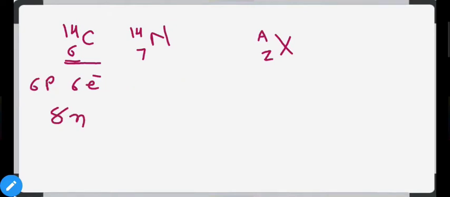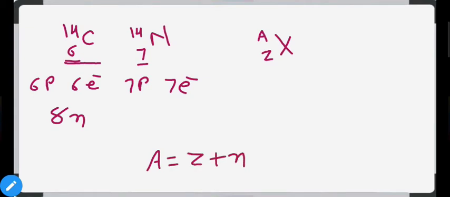So now let us calculate for nitrogen. As mentioned, nitrogen has Z equal to 7. So directly we can say that it contains 7 protons, and it is neutral, that's why it contains 7 electrons. Now A for nitrogen is 14, and we know that A is equal to Z plus N, that means the number of neutrons plus the number of protons.